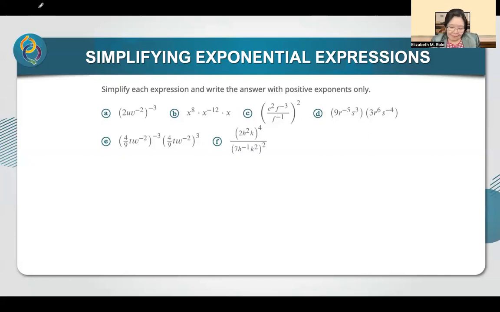The reason is because x to the 8 times x to the negative 12 times x, you have now the exponent for your x is 1. So 8 plus 1 is 9. Then minus 12 plus 9, you'll get x to the negative 3. And so your final answer will be 1 over x cubed.